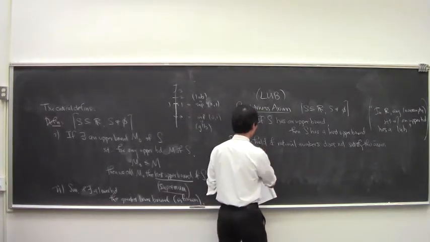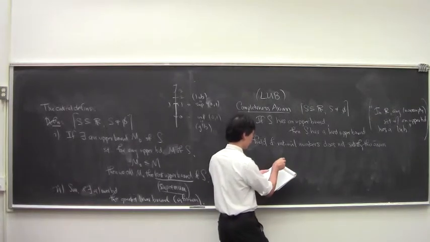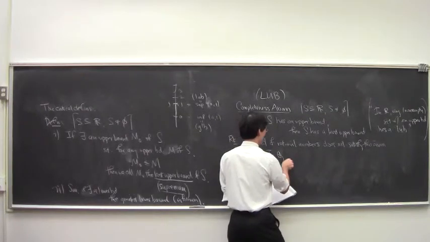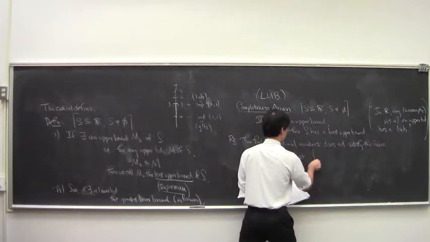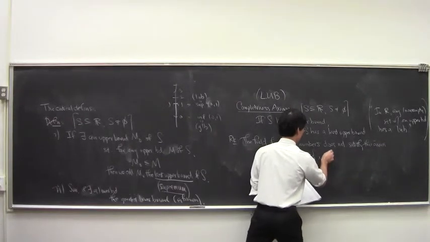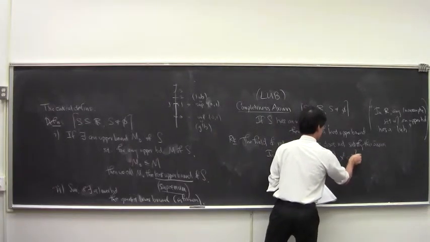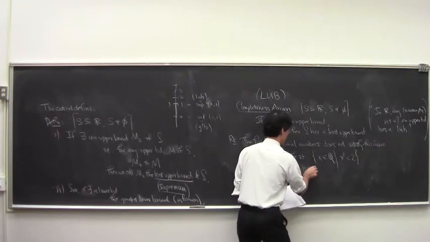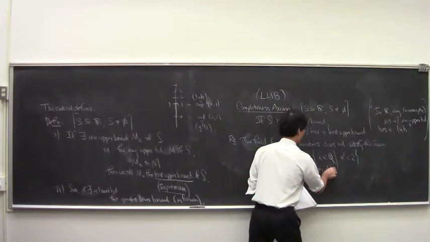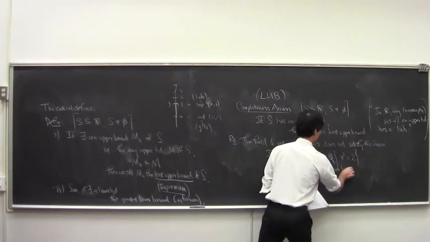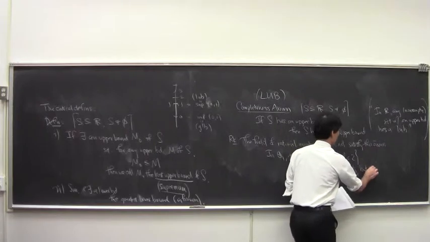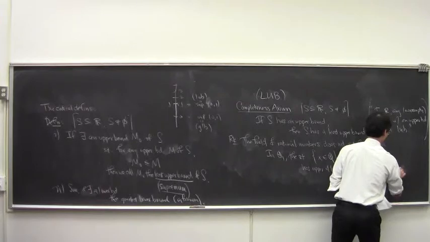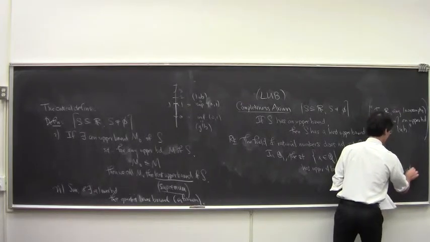So you read the book, right? In Q, the set of numbers whose square is less than 2 has an upper bound, has both upper and lower bounds, but no least upper bound and no greatest lower bound.